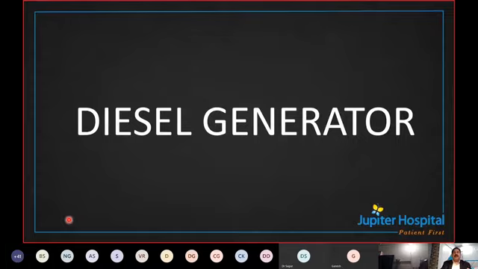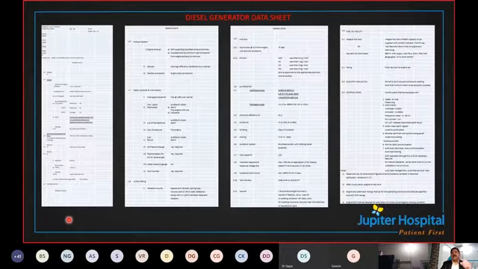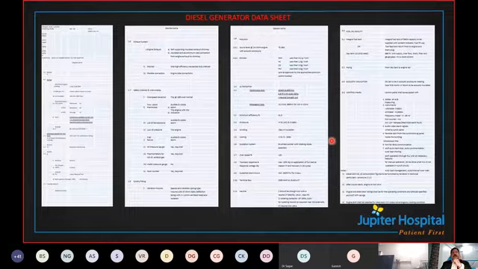Before going to the diesel generator, similar to the data sheet for the UPS, a data sheet for the DG also we need to consider, and this is the tender data sheet which will give the idea. Now a diesel generator works like this: if it is saying 100 kVA is the load, then you have to consider another 20% more for diesel, because a DG always runs on only 80% efficiency, so you need to take that DG load into consideration also. So we'll move ahead.